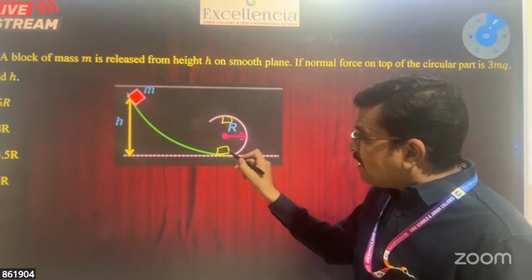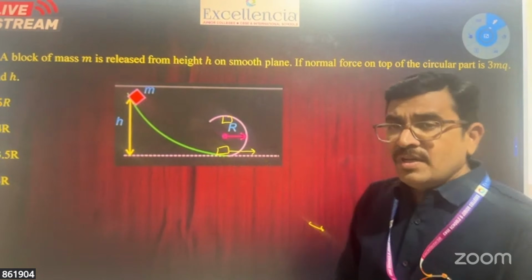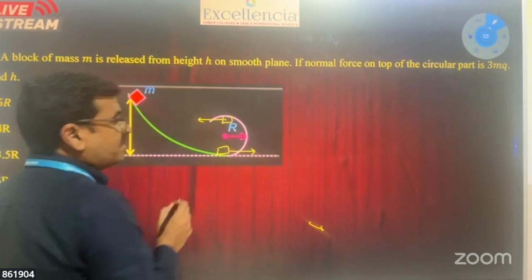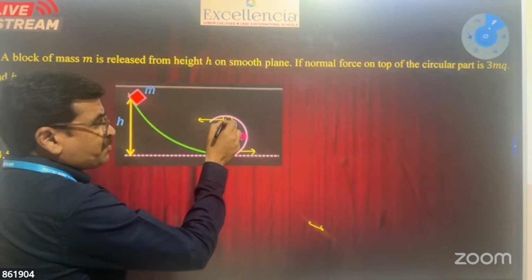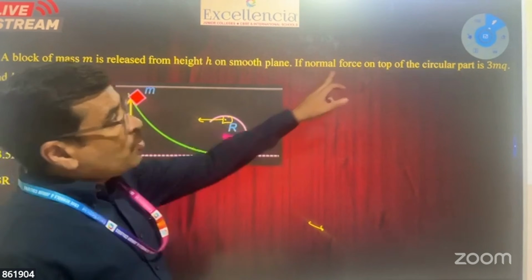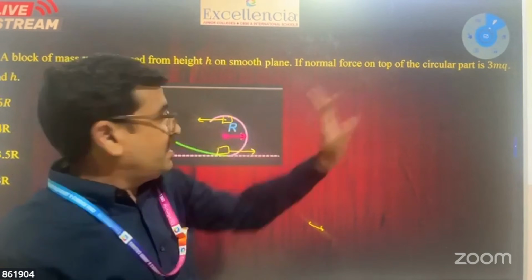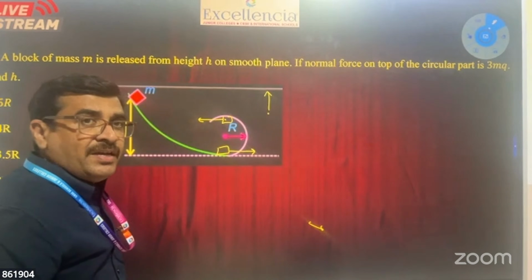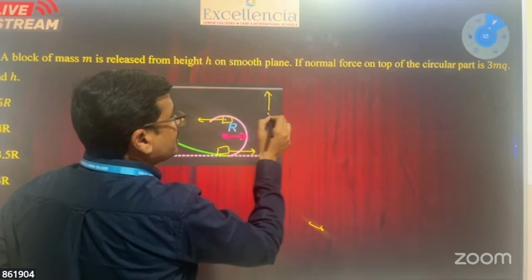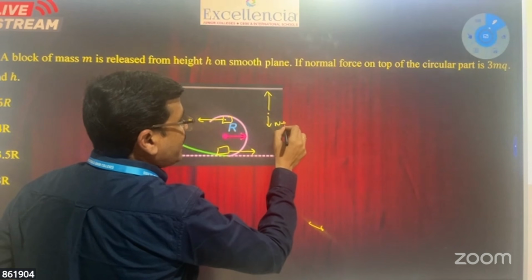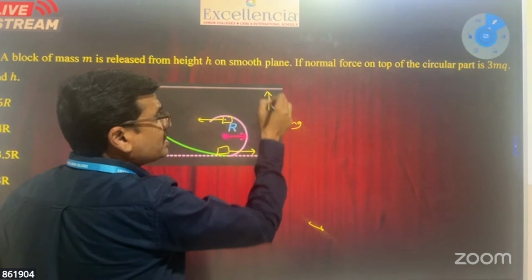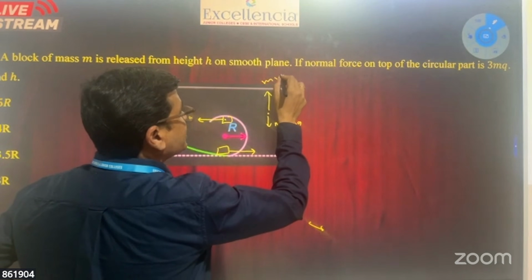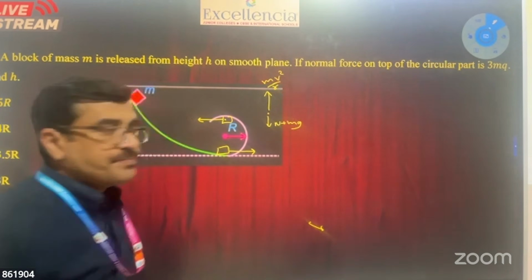Now if I take the concept of the vertical circle, by the time it reaches here, at this point he has mentioned that the normal force on the top of the circular part is 3 mg. So I'll take the free body diagram at the highest point, wherein normal reaction is downwards plus mg, the weight, is also downwards. It is balanced by the centrifugal force, which is mv square upon r.